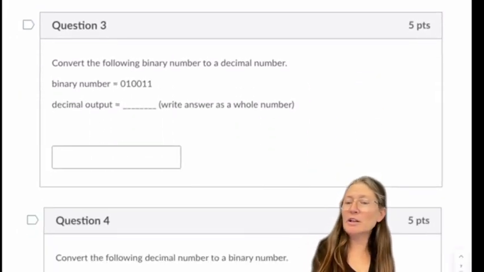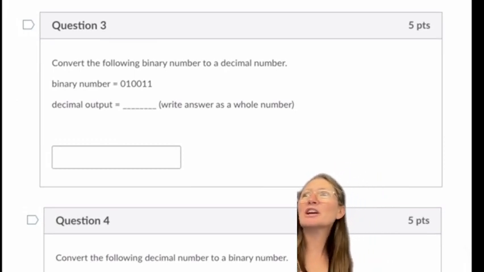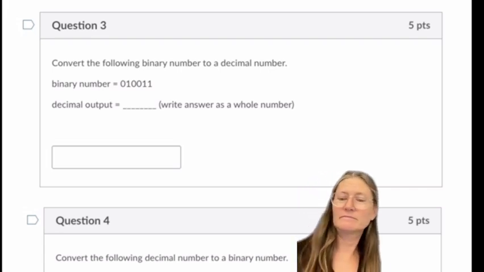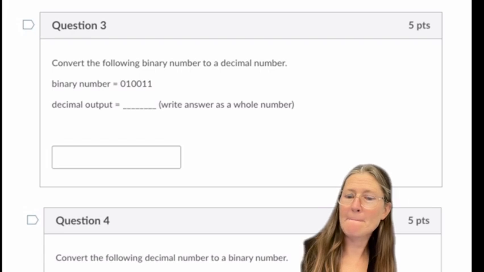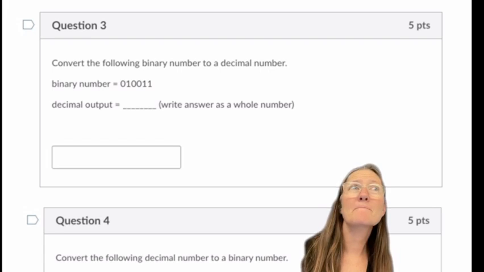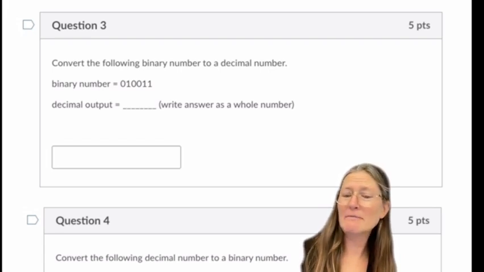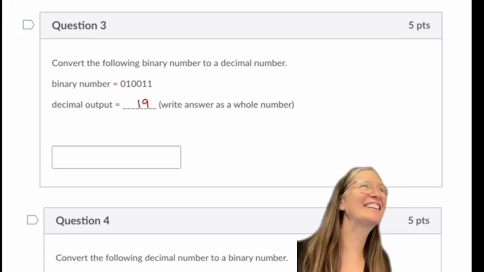Convert the following binary number to a decimal number. So take a second to convert that. Okay. I heard 19, I heard 90. What others?